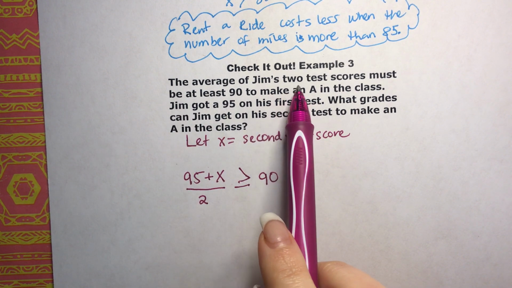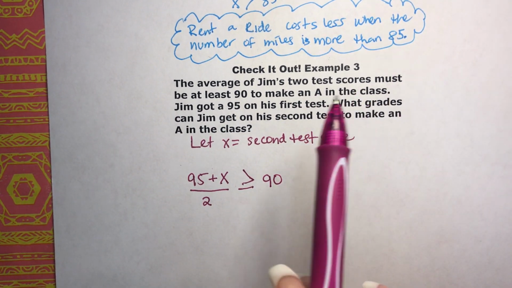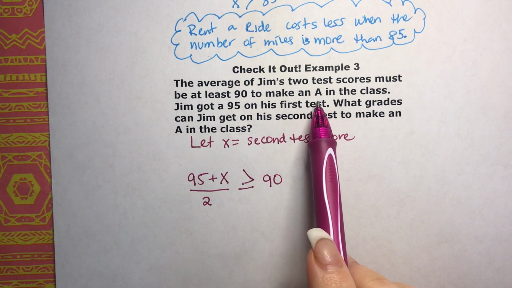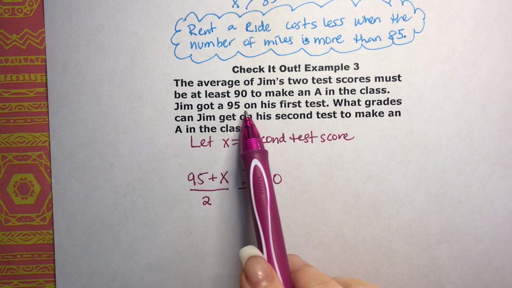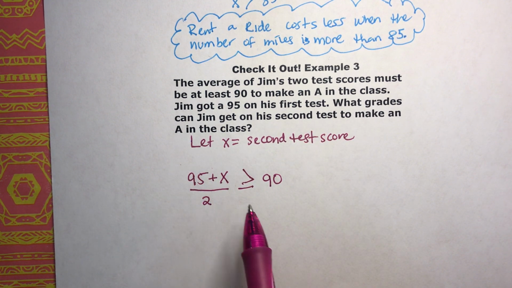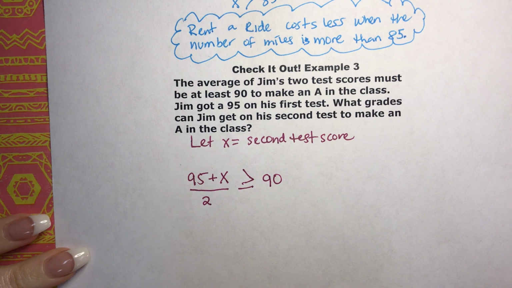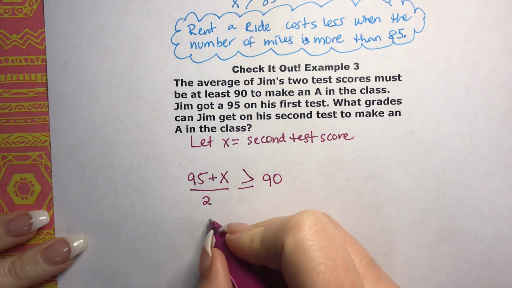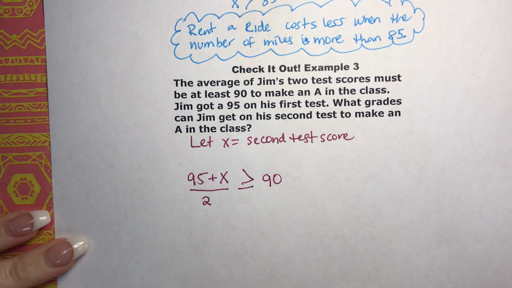So it has to be greater than or equal to 90. So then we just go ahead and solve for x. So I'm going to go ahead and write that down here.